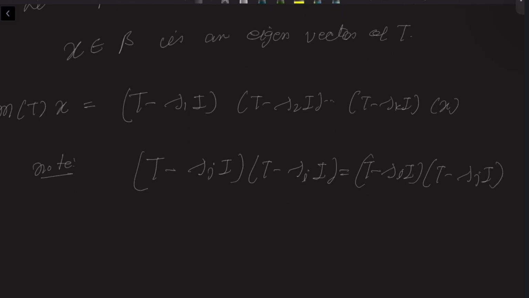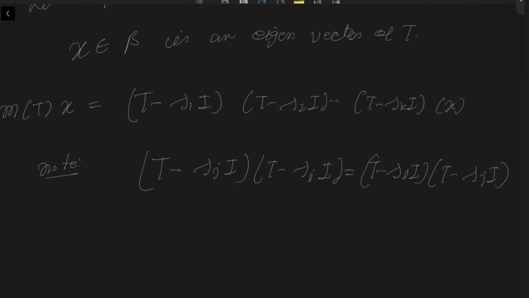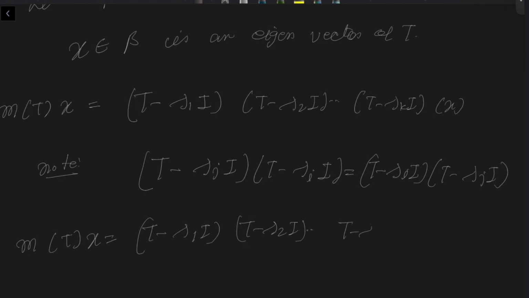So if they can commute, I can do shifting. I can write it as (t minus lambda 1 I)(t minus lambda 2 I) up to (t minus lambda k I) times (t minus lambda I) times x. I have just shifted the t minus lambda I term to the extreme right.